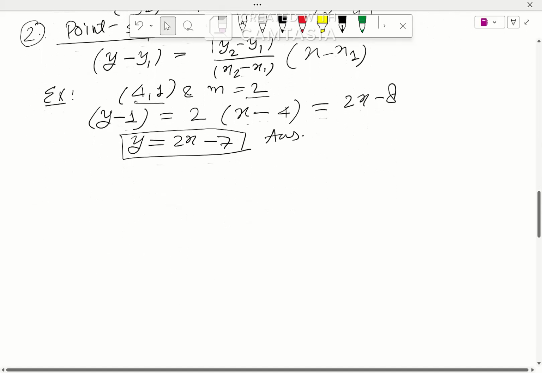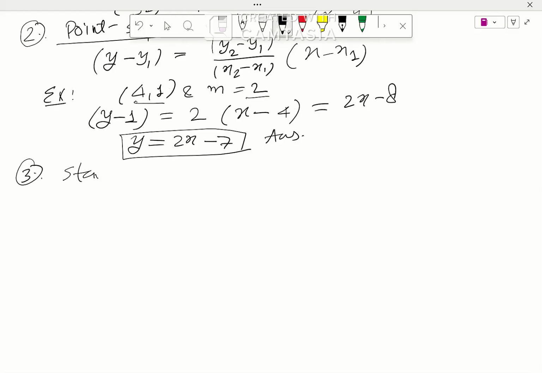Now there is a third form of the line which is called the standard form, and we saw this in the very beginning. This is essentially useful in finding the intercepts.